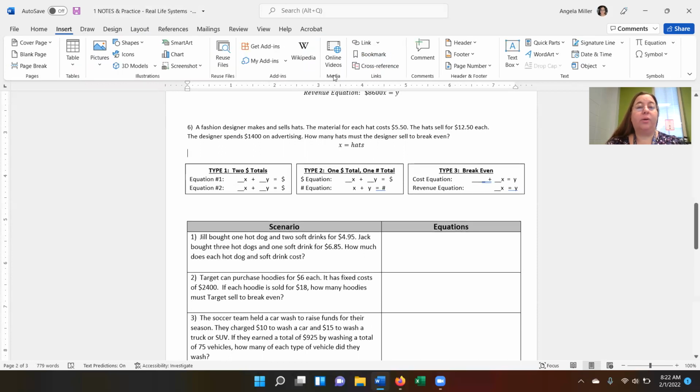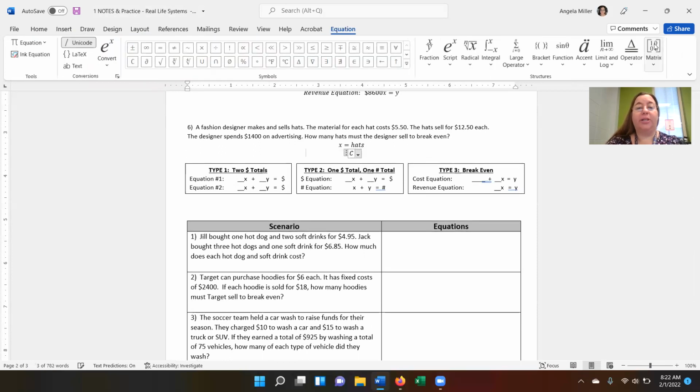So now we're going to start with our cost equation, right? And our cost equation is going to be our fixed cost. So which one of these is our fixed cost? Which one is going to stay the same regardless of the number of hats that we sell? Yep, the 1,400. So that advertising, it doesn't matter if I sell 1,000,000 hats, the advertising still only costs me $1,400.